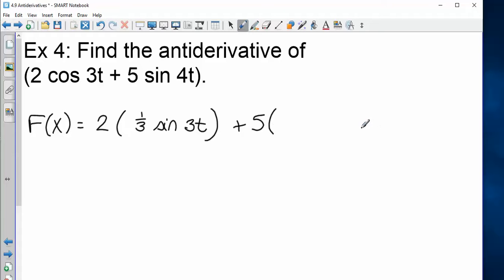Plus 5. What has the derivative of sine? Derivative of cosine is negative sine, so I'm going to put in negative cosine. Now I'd have to do the chain rule, so you would have to take this times 4, so what do I need to cancel it?